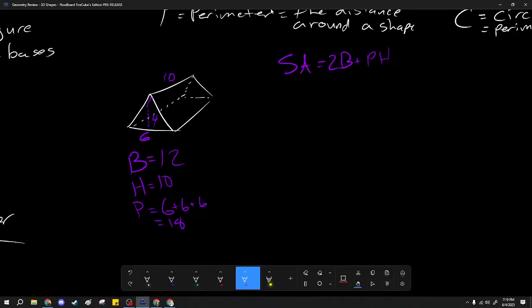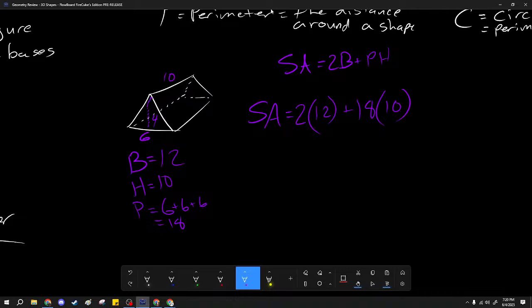So now I can just plug them in. Surface area is equal to 2 times, what's B? 12. Plus P, what's P? 18. Times H, what's H? 10. And now we just do our order of operations.